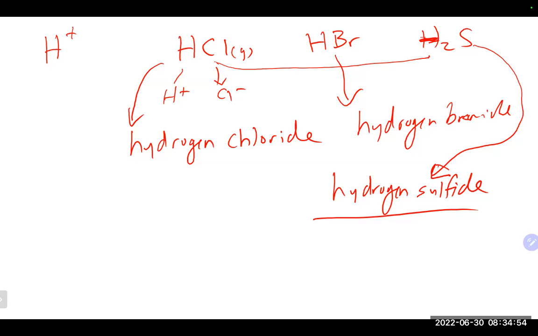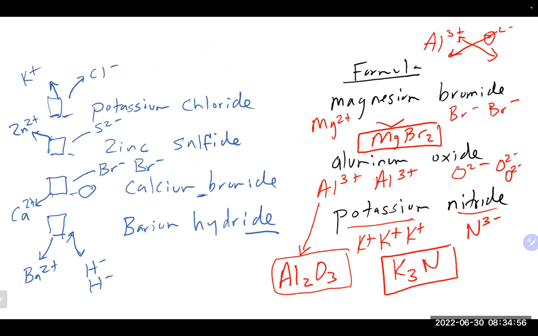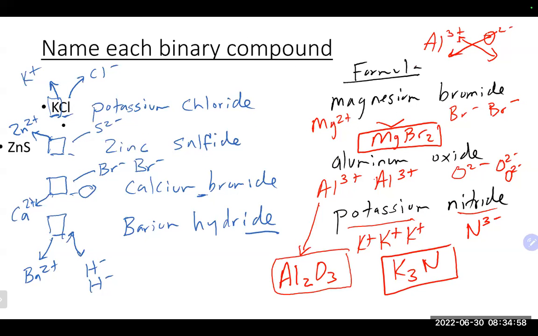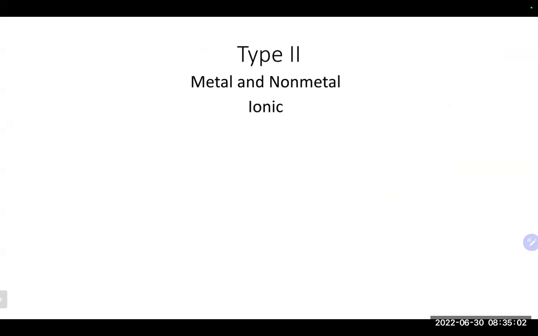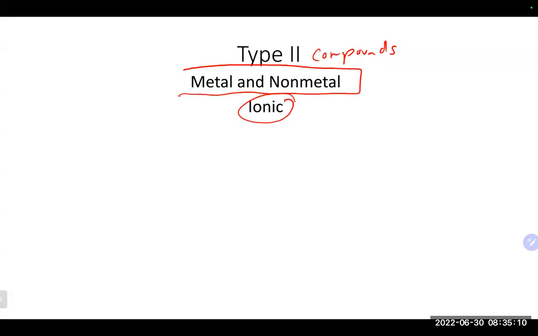Okay. So the next type of naming we're going to talk about is also ionic, and it is type 2 compounds. Type 2 compounds are much like type 1 ionic. Just like type 1, type 2 consists of a metal and a non-metal coming together. And once again, like type 1, it is the metal that is the most important one to look at.